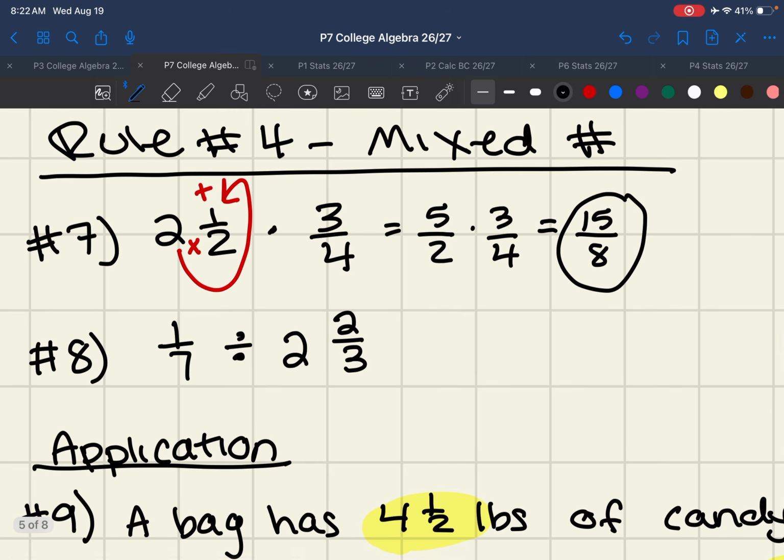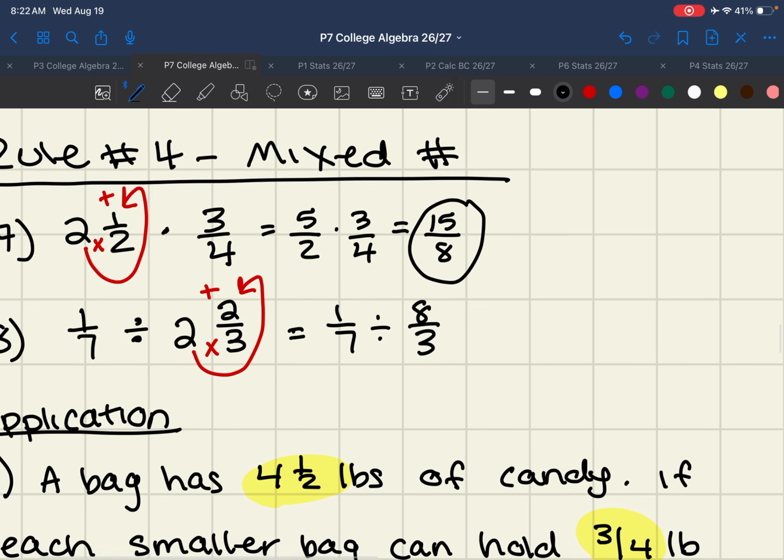Okay, number 8, we have 1/7 divided by 2 2/3. So first I have to change this into an improper fraction. So I'm going to multiply 2 times 3, which is 6, and I'm going to add 6 plus 2, which is 8. So really, I have 1/7 divided by 8/3.